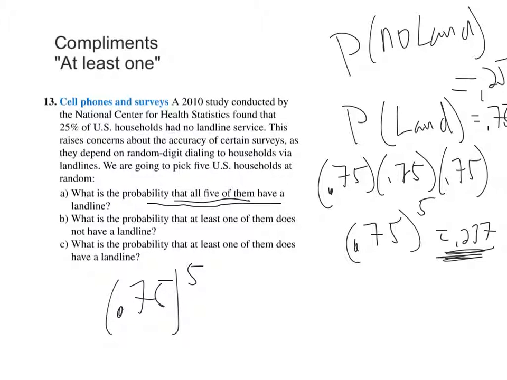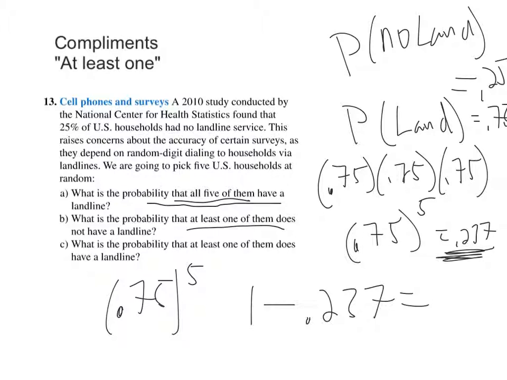But now we're going to subtract that from 1, because that'll be the probability that at least 1 does not, or 2 does not, or 3, or all of them even. So we'll do that, and that will be our answer. I won't bother calculating that. So that's at least 1 does not have a landline.